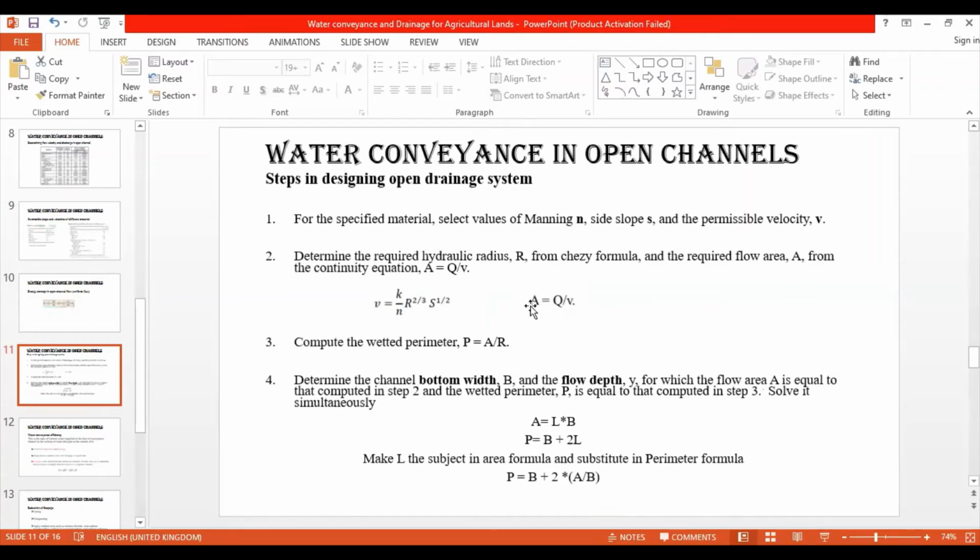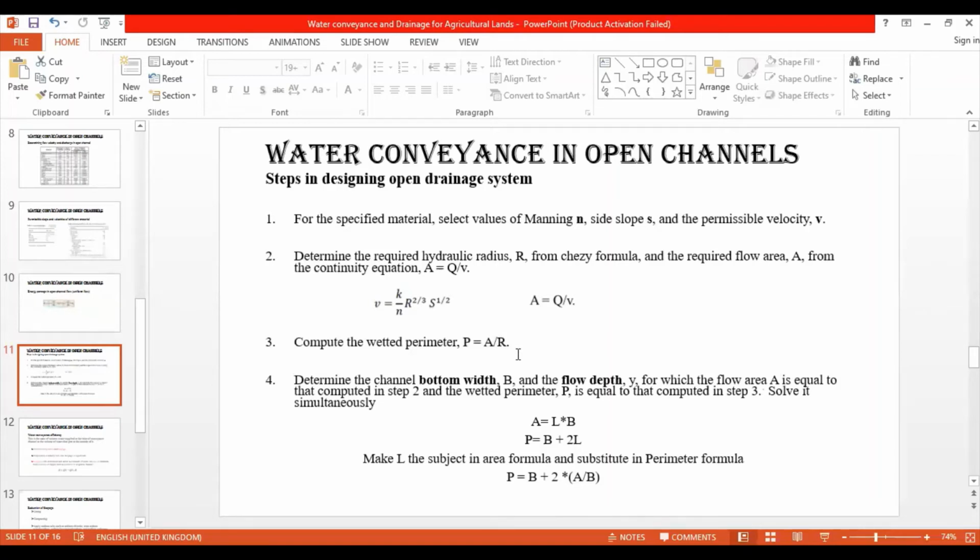So you have two things that you have determined here: your hydraulic radius and your area. And we know that hydraulic radius is the ratio of the area and the perimeter. So using these two, you can compute your perimeter using this equation.